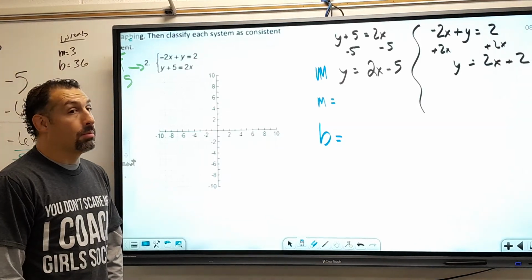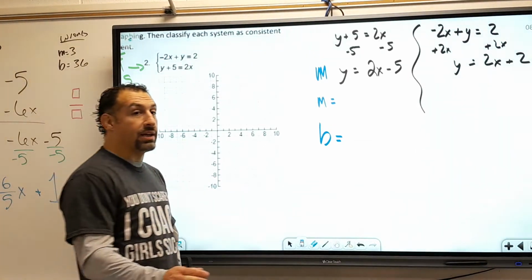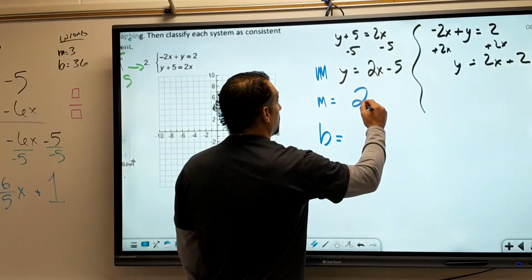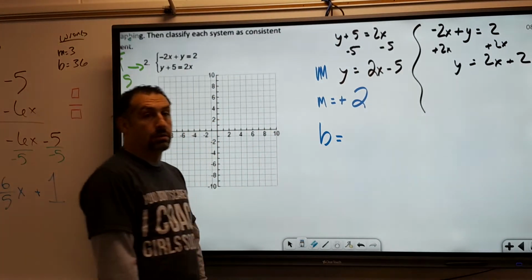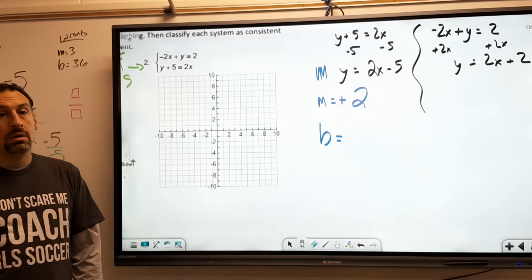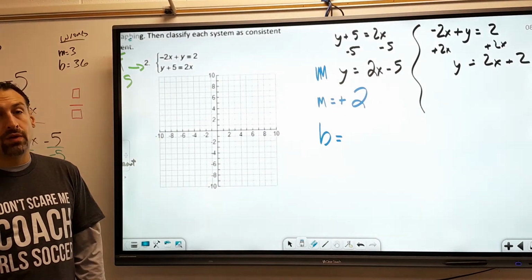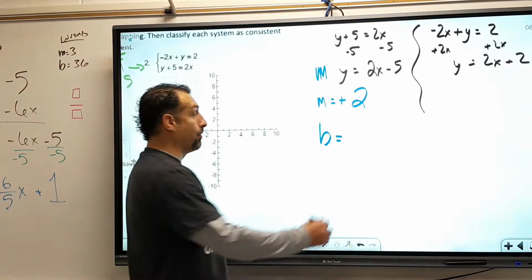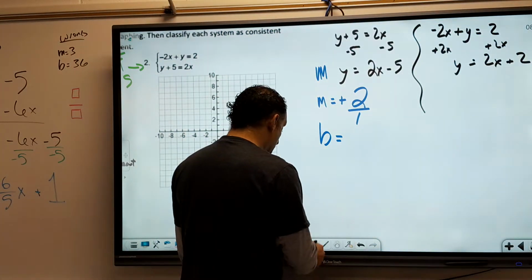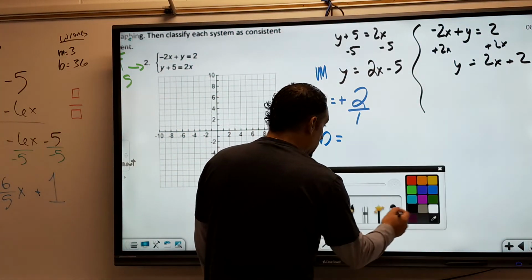Okay, it's always the number in front of the X. We don't say X, we'll just say 2. It's positive, but it's not a fraction. Savannah, how can I make it a fraction? Put it over 1.